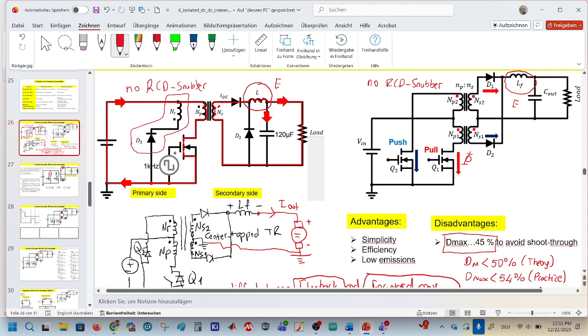And the question, why can we use more than 50% in practical applications? I hope you know the answer. We talked about it.